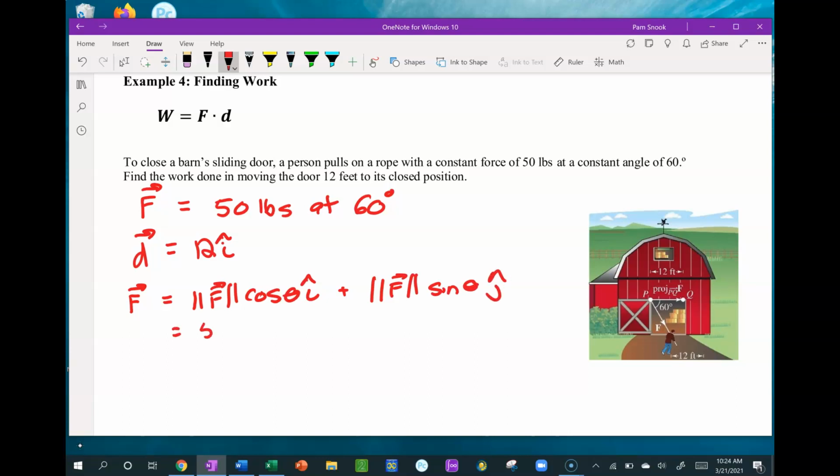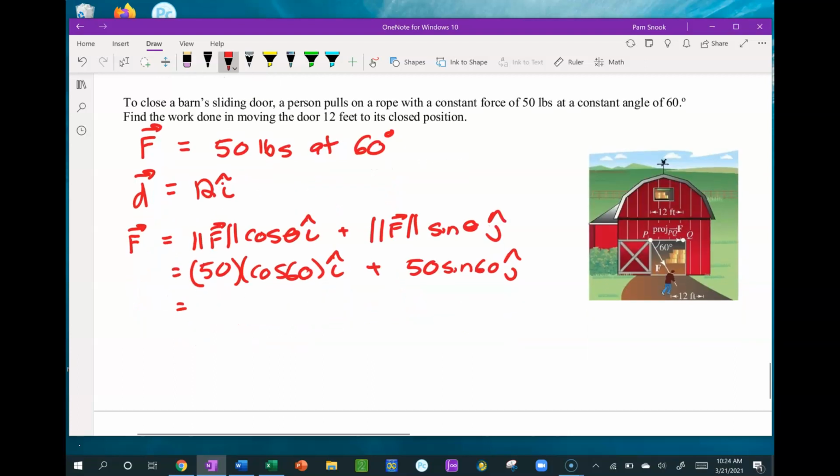So magnitude is 50 pounds times the cosine of 60 in the i direction plus my 50 pounds times the sine of 60 in the j direction. So 50 times cosine 60, I get 25i, plus now 50 times sine of 60, I get 43.3j.